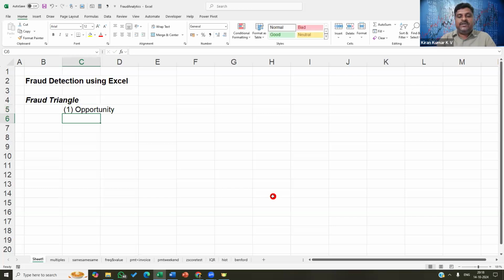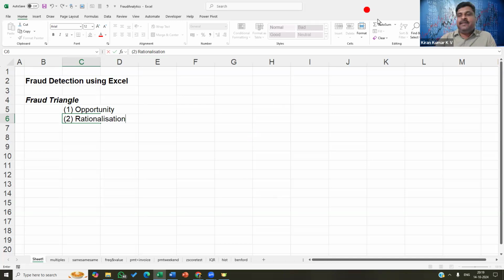Now, just because there is an opportunity, which of course we all face on a day-to-day basis, doesn't mean that we go ahead and do fraud, right? So there must be a point of convincing for the person to rationalize the fraud. Rationalization means I will do this fraud, but I will find a justification to convince myself that I can do this fraudulent activity.